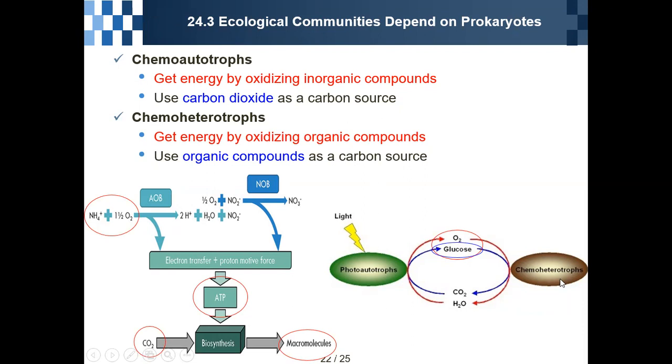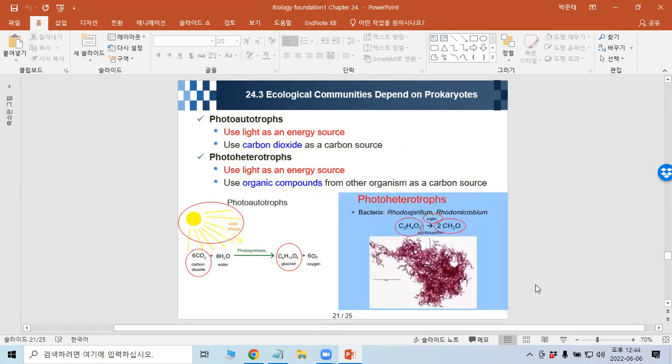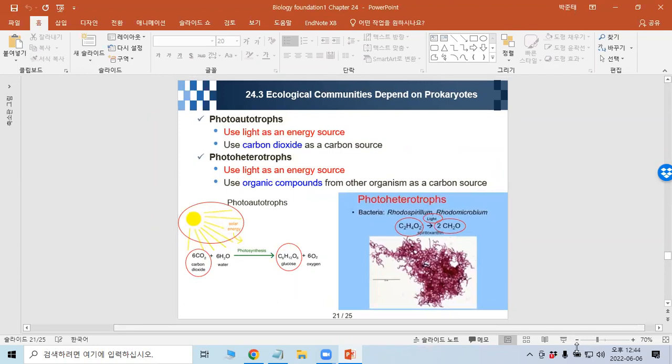So we call this chemoheterotrophs. You have to know what chemoautotrophs and chemoheterotrophs are. You have to compare them to each other, and compare photoautotrophs and photoheterotrophs, and aerobes and anaerobes. Okay, important.